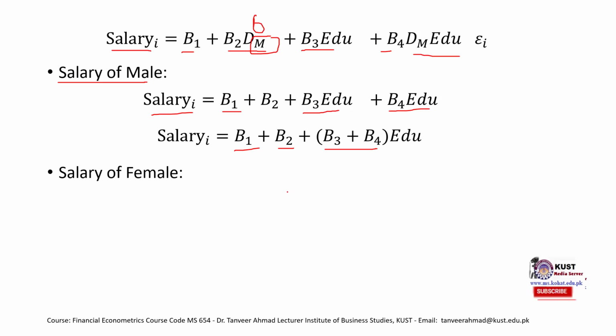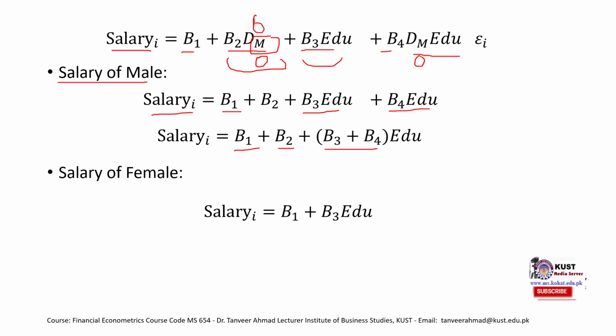So salary of a female, because in case of female, this dummy would have a value of 0, so 0 multiplied by any value would have an end result of 0, so we do not need to write beta 2, it would obviously be 0. B3, we have written it.